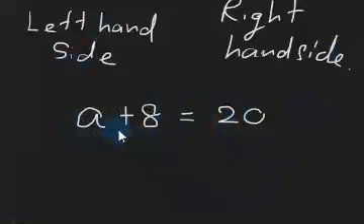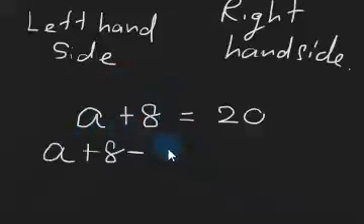Here, when you consider a plus 8, in between these two terms, this algebraic term a and constant value 8, there's a mathematical operation, that is addition. So, if you want to remove this constant value from this side, you have to do the opposite mathematical operation. a plus 8 minus 8, subtraction.